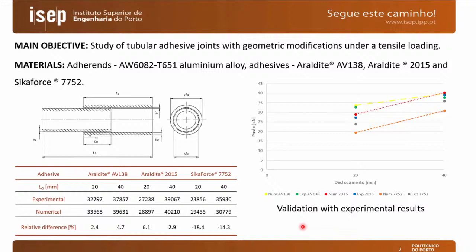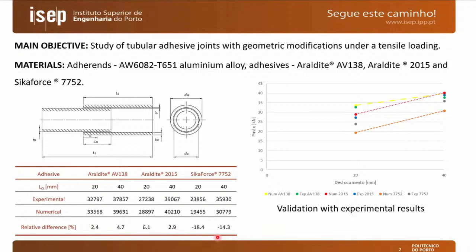So we can see the experimental data, the maximum load in Newton, and we can see the numerical predictions by CZM modeling. I'm going to give more details about this technique in the next slide, but we can see here the relative difference of the numerical data compared to the experimental. And we can see that apart from the Sikaforce adhesive, we have very good predictions.